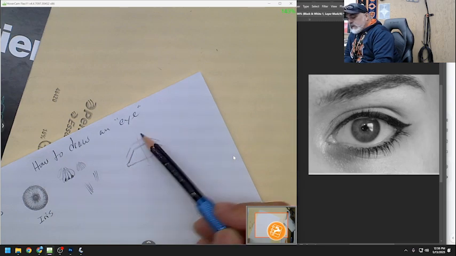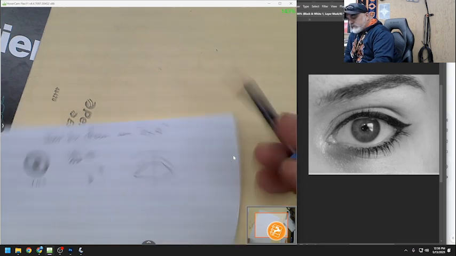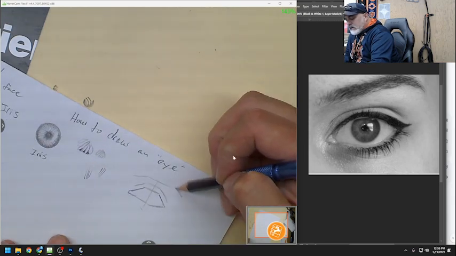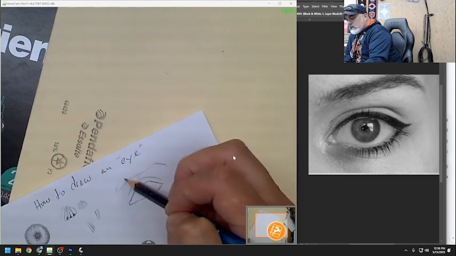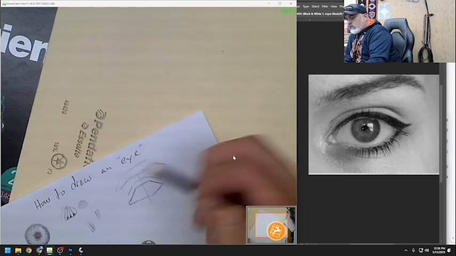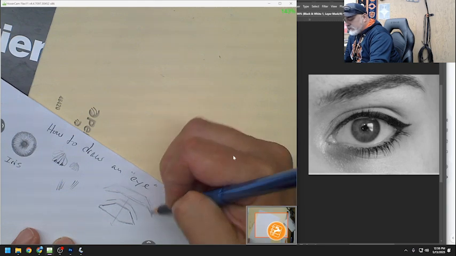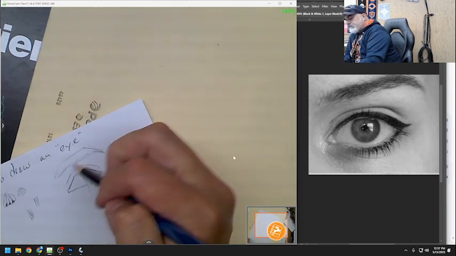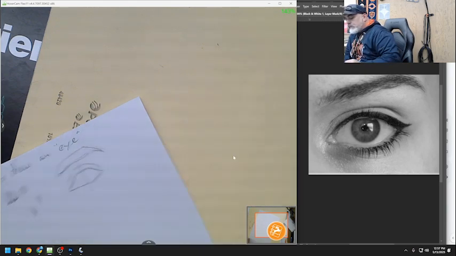And then the last thing I'm going to talk about is the eyebrow. When you draw the eyebrow, I always start with the bottom shape because it's going to conform to your brow.